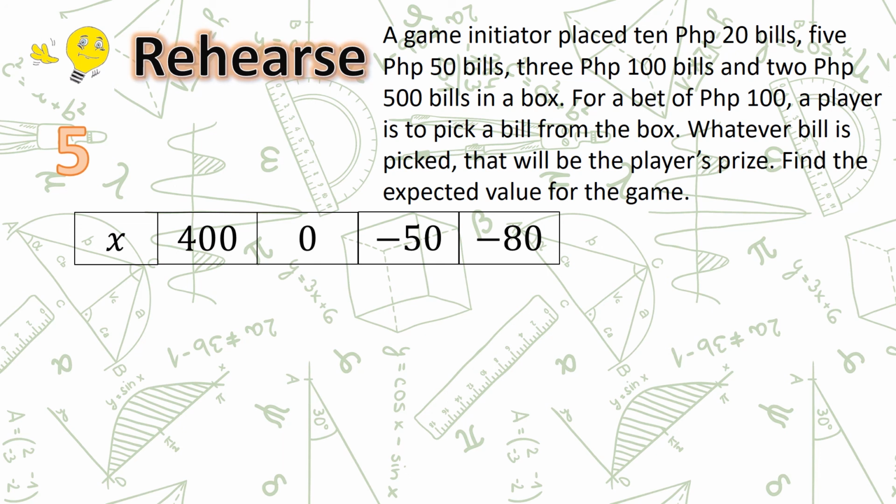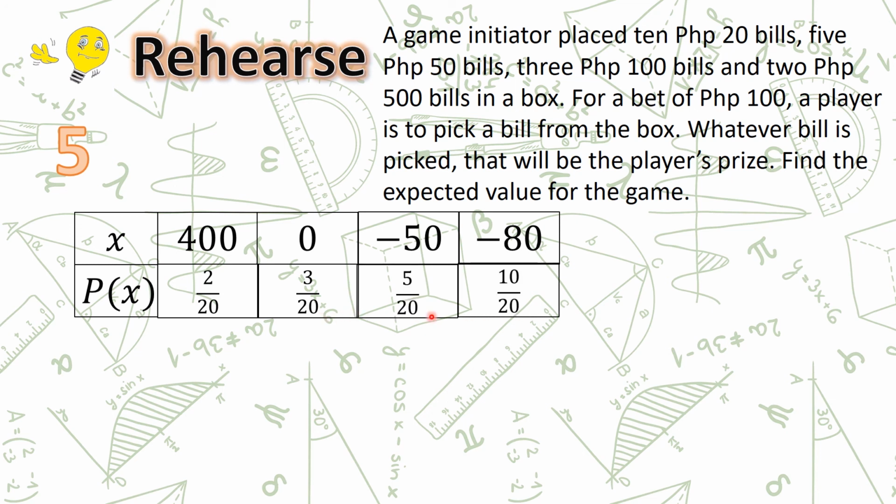The corresponding probabilities will be 2 over 20 for 400 pesos because there are 2 500 peso bills out of the total 20 bills. 3 over 20 for 0 because there are 3 100 peso bills out of the possible 20 bills in the box. 5 over 20 for negative 50, and 10 over 20 for negative 80.